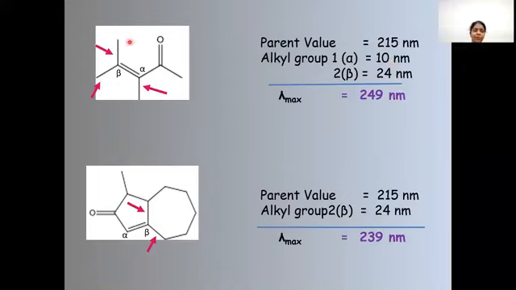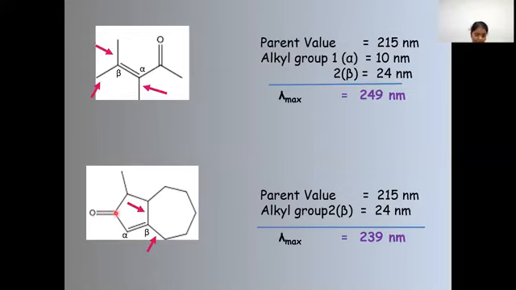When it is present on beta position, the increment for one alkyl group is 12 nanometer. Since two alkyl groups are present at beta position, the increment will be 24 nanometer. The calculated value of lambda max will be 249 nanometer. Next example.